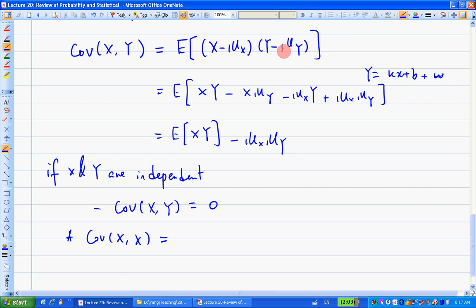Variance, exactly right. You put X, that's basically the variance of this random variable X.